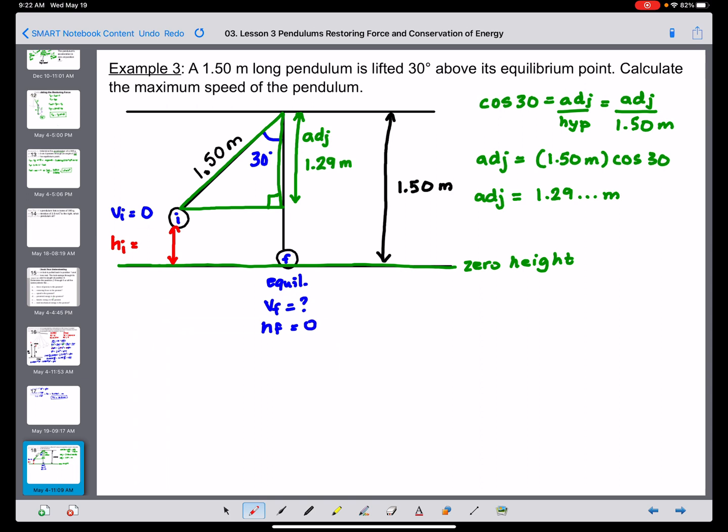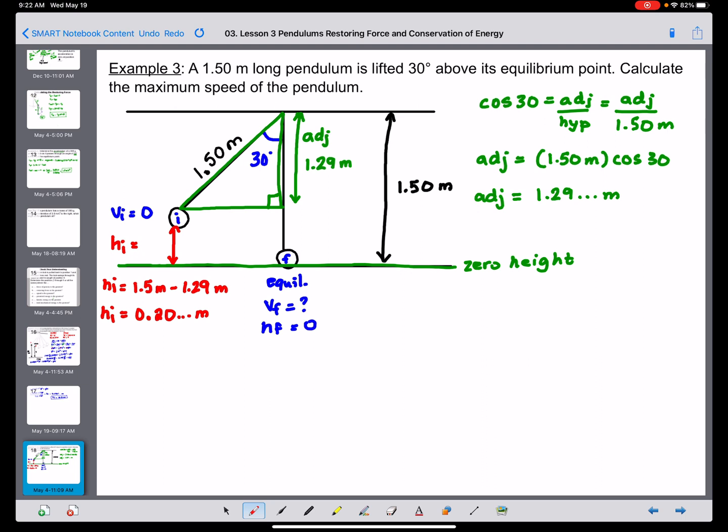Okay, so HI is 1.5 meters minus 1.29 meters. And remember not to round any numbers yet, so we're going to use not just 1.29, but the full value that shows up on our calculator. And that's going to give us 0.20, and it keeps going, meters.